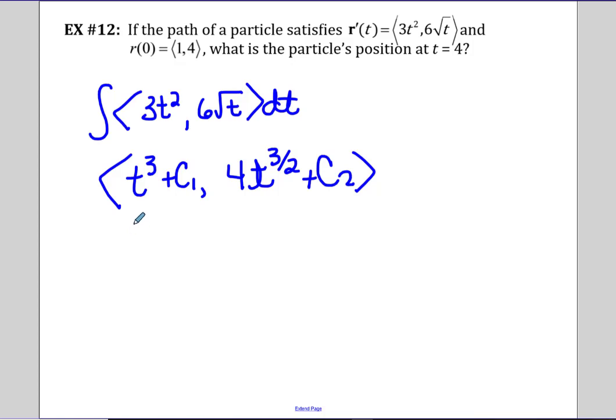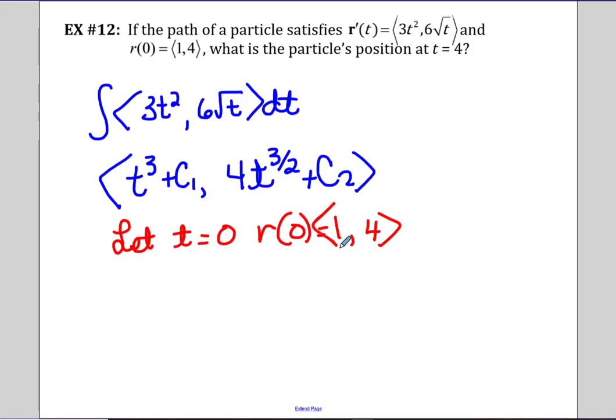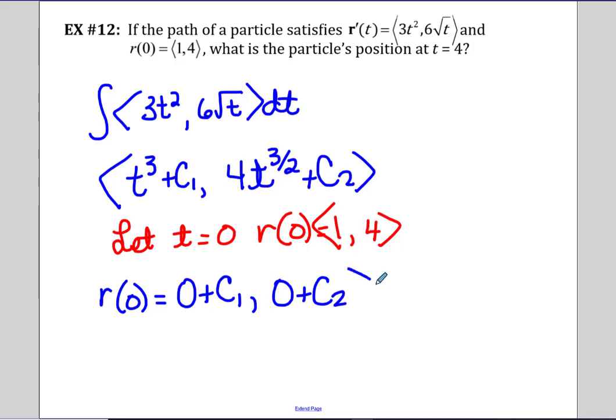And if we let t equal 0, the r of 0 is given as 1, 4. So the r of 0 is going to be 0 plus c sub 1 and 0 plus c sub 2, and that has to be 1, 4.